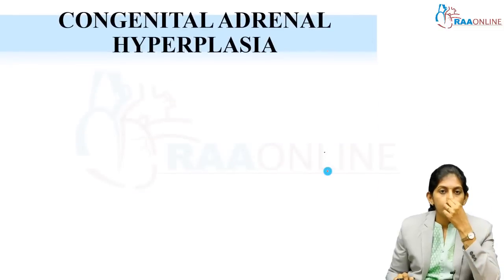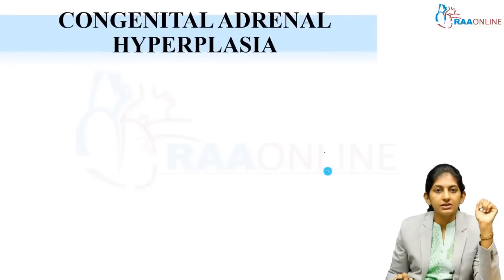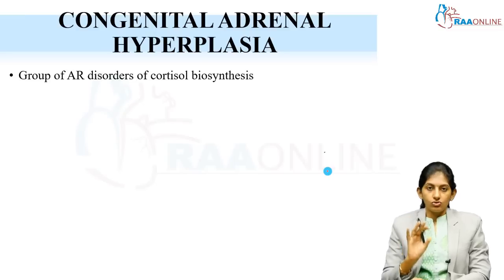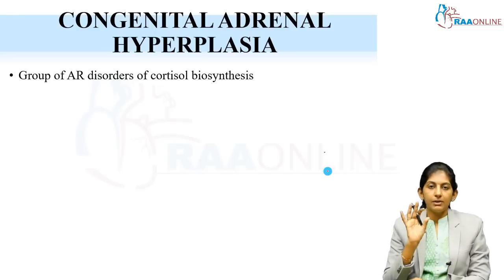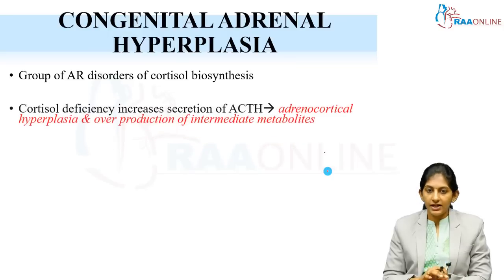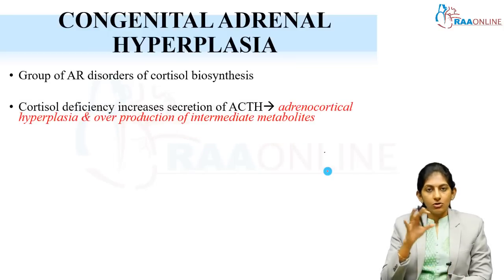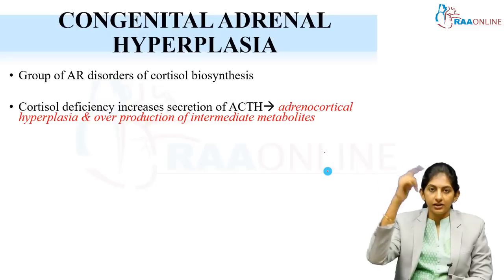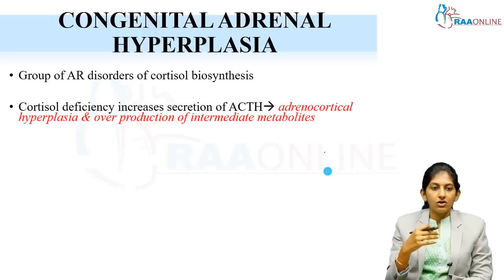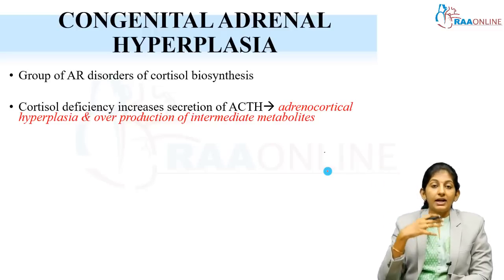especially. So coming to the topic of discussion, that is congenital adrenal hyperplasia. Basically all these are autosomal recessive disorders. There are biosynthetic defects in the cortisol synthesis and mineralocorticoid deficiencies. Because of the enzyme deficiencies in the adrenal, there will be continued ACTH secretion from the pituitary, so that will cause the adrenocortex to become hyperplastic.